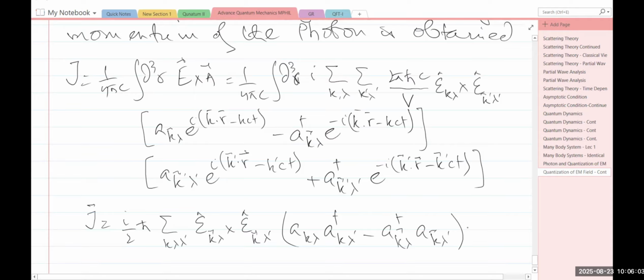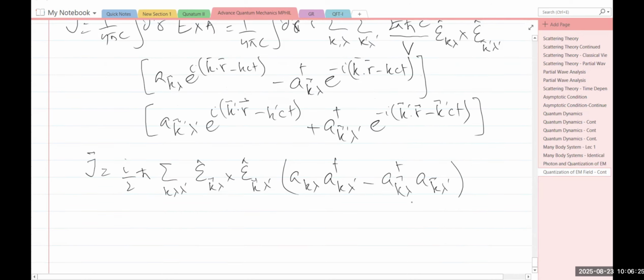Yeah. So the only non-zero terms here are for lambda not equal to lambda prime. If lambda is equal to lambda prime, then the terms equal zero, because these two terms are separated by a minus sign. And so the only terms which are non-zero would be the ones where lambda is not equal to lambda prime. And then a k lambda and a k lambda prime dagger would commute.